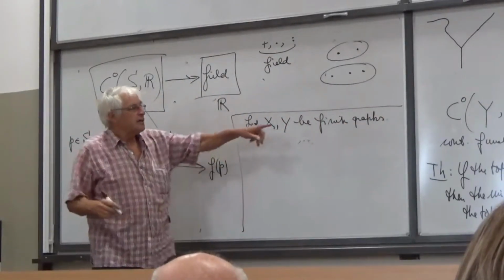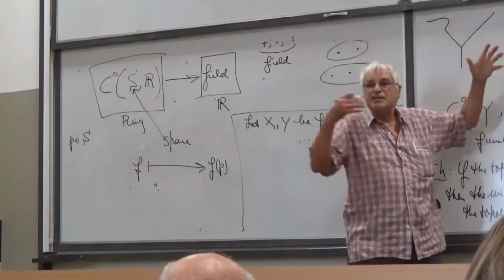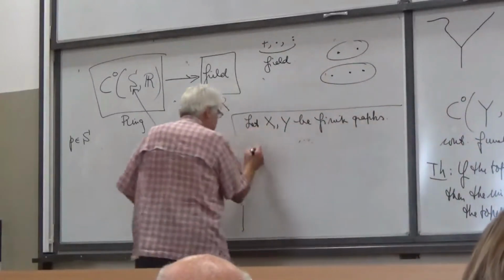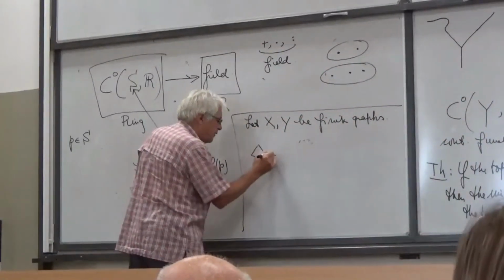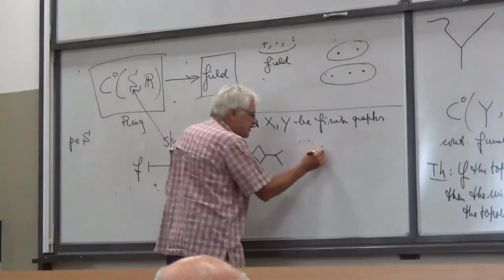X is any graph, so X could be something like this, and Y could be something like this.